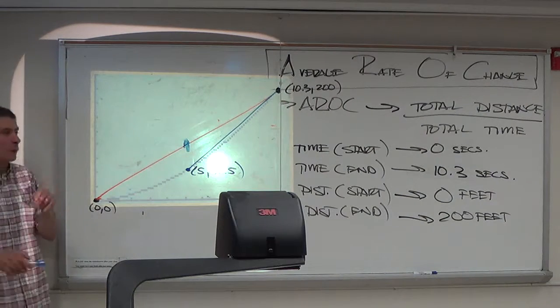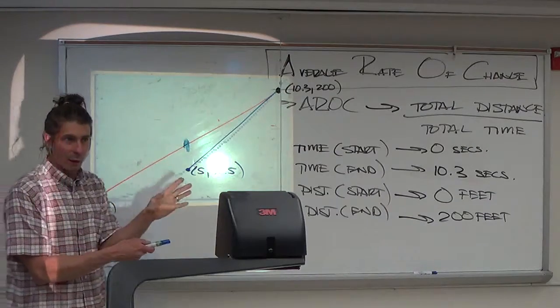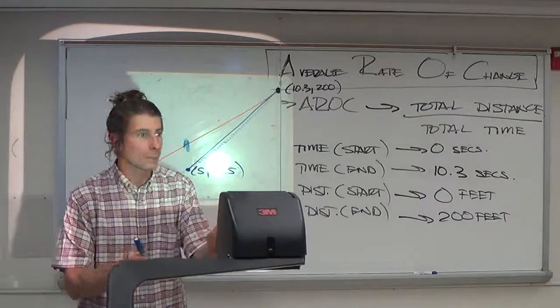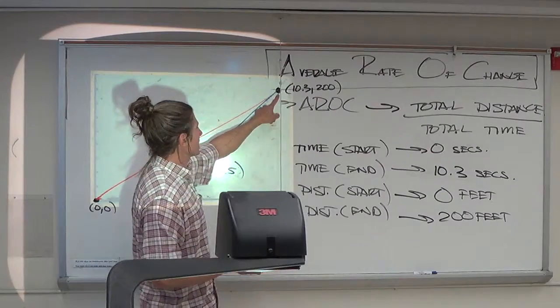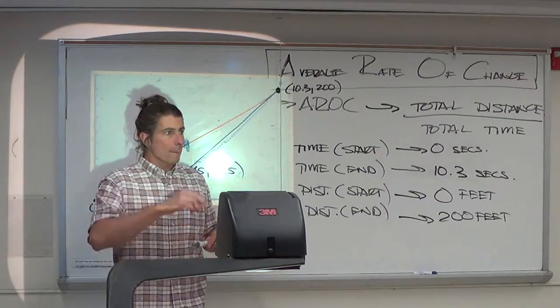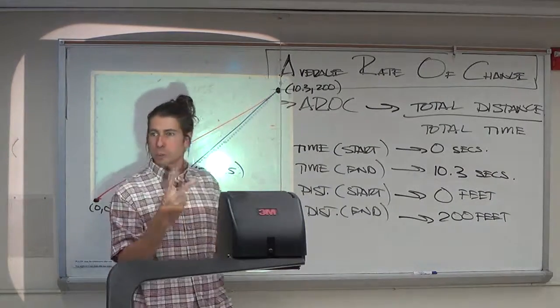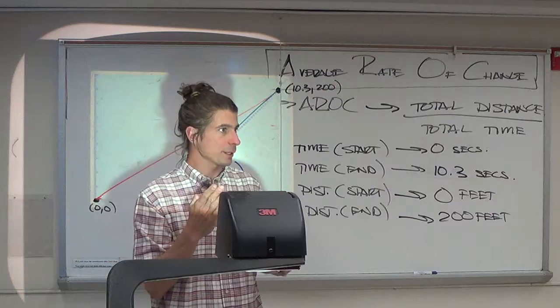Now, I know that's kind of coincidental because these are both equal to 0, but you couldn't do the math on this. Here's why. Imagine trying to do the secant line that's right at that point. In other words, I need 2 points, yes, to calculate the slope. So both the points would be 10.3, 200.